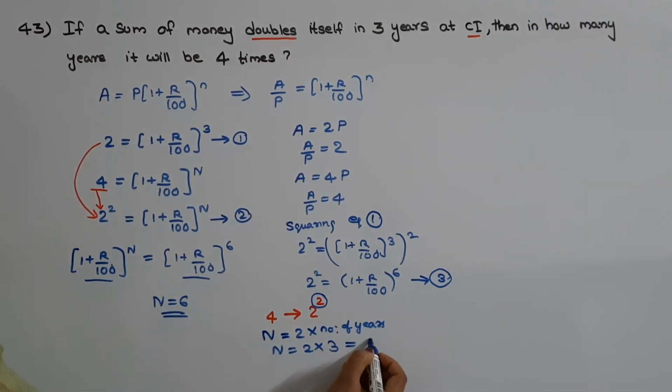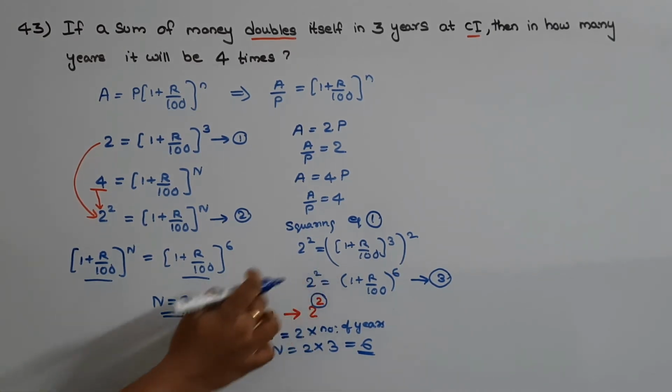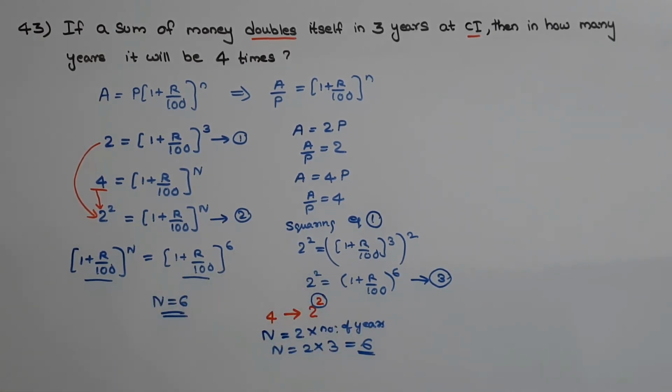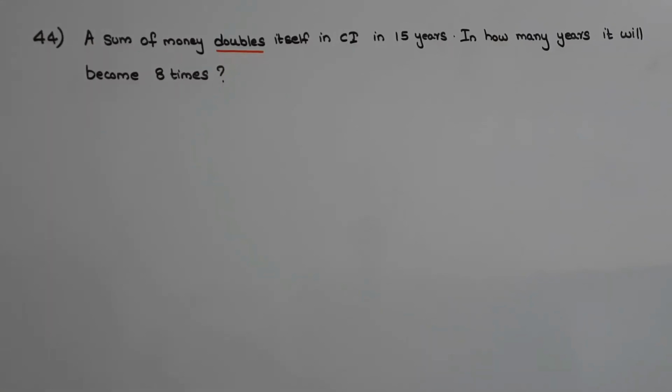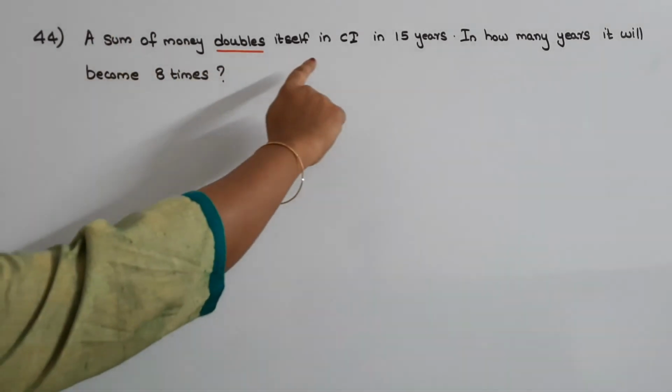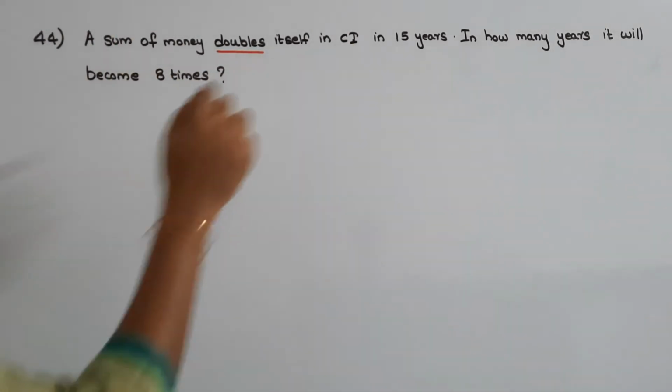Hence the n value will be equal to 6. So directly you can find the number of years by using this method. Now let us do a similar problem so as to make the concept more clear. The next question is, a sum of money doubles itself in compound interest in 15 years.